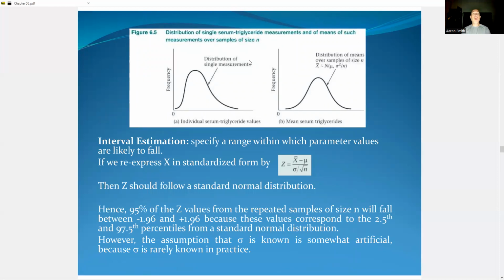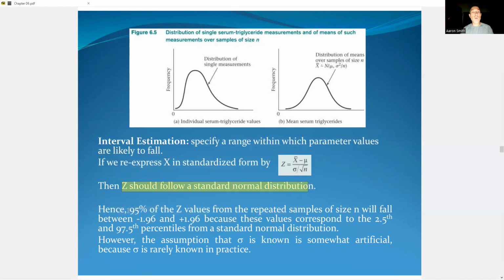All right, now let's talk about estimation intervals. Interval estimation specifies a range within which parameter values are likely to fall. If we re-express x in a standard form by z equal to this funny looking fraction, x bar minus mu over sigma divided by square root n, z should follow a standard normal distribution.